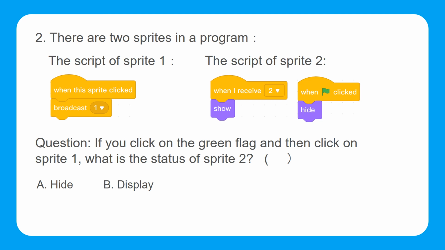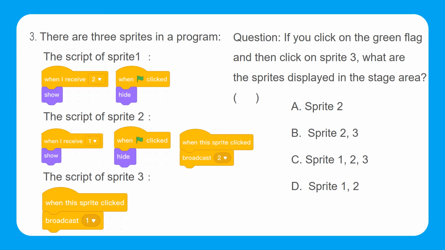If you click on the green flag and then click on sprite 1, what is the status of sprite 2? Question 3. There are 3 sprites in a program, as shown by the scripts below. If you click on the green flag and then click on sprite 3, what are the sprites that will be displayed in the stage area?